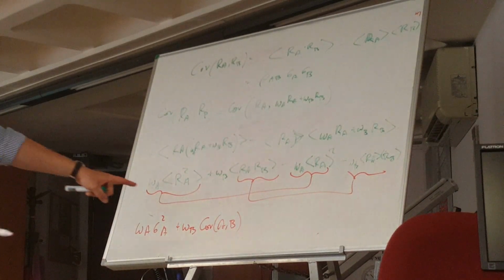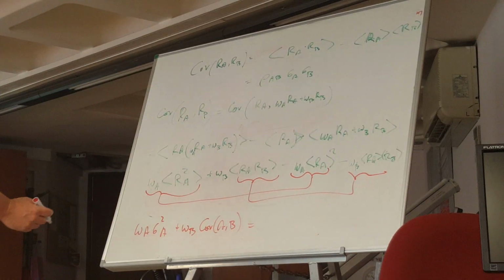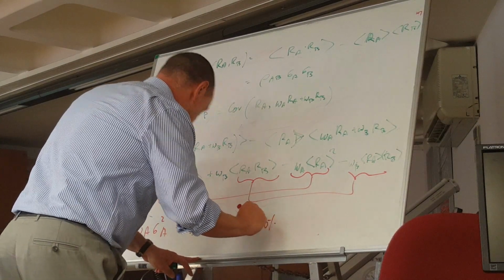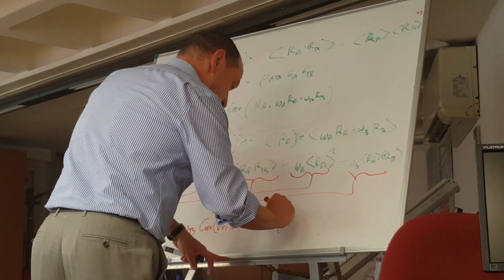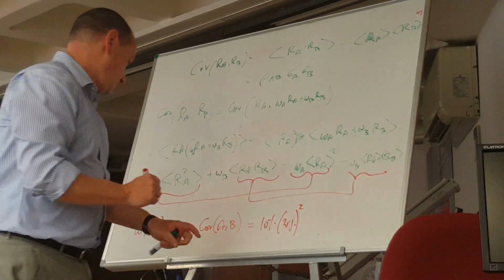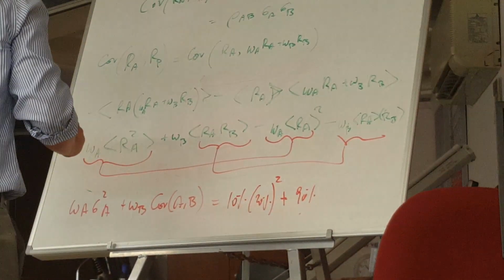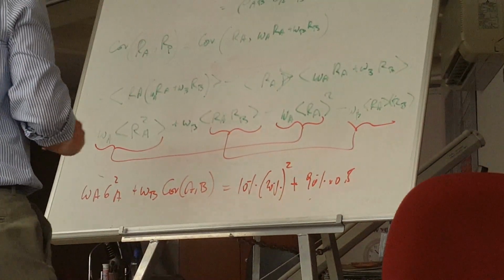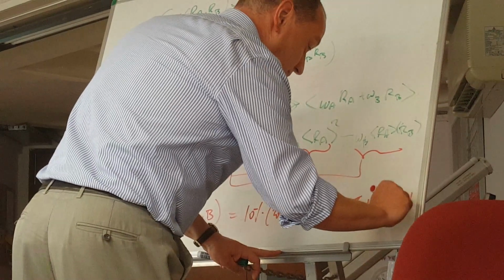But this was given. You remember that? Omega A is 10%. Sigma square of A equals, what was it, 20% squared? Yes. Okay, plus 90% rho AB 0.5 times 10% times 20%.